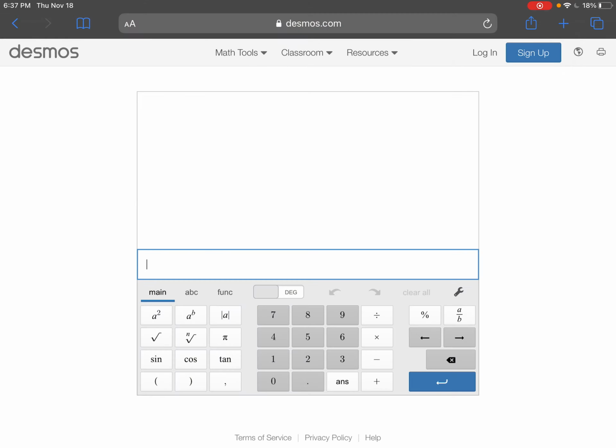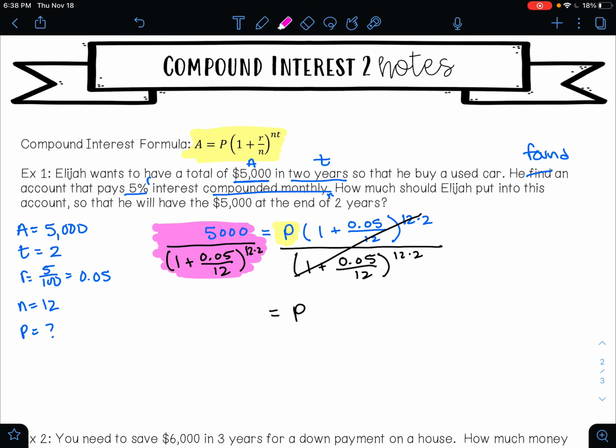So let's see. We're going to type it in. We had $5,000 divided by. Now you have to do everything the way it was. So if I go back to my notes, I'm typing in this pink part right here. I have to use the parentheses and everything.